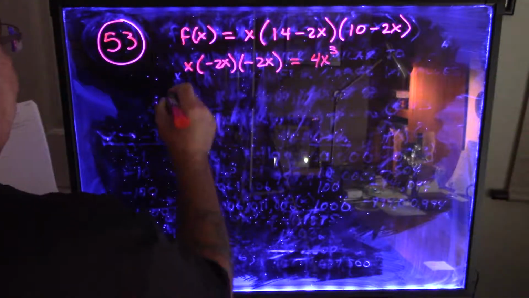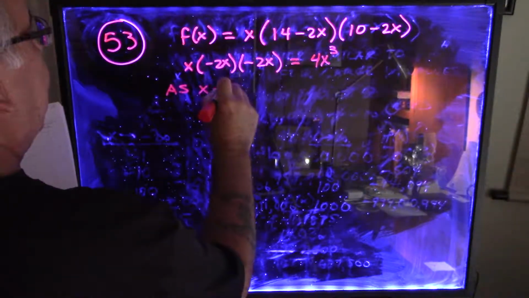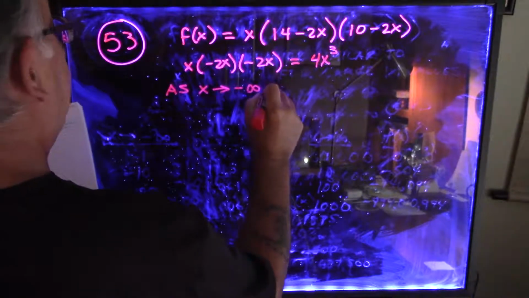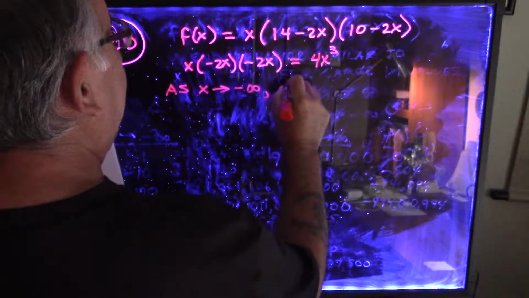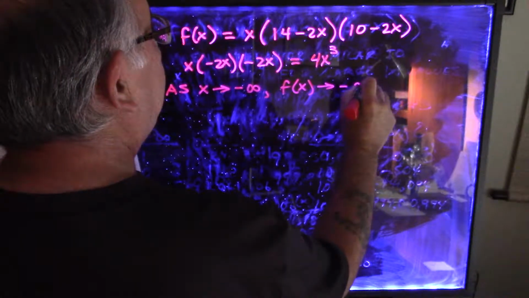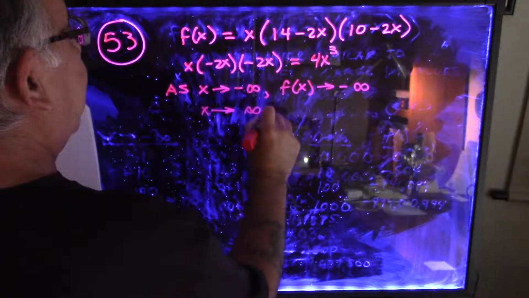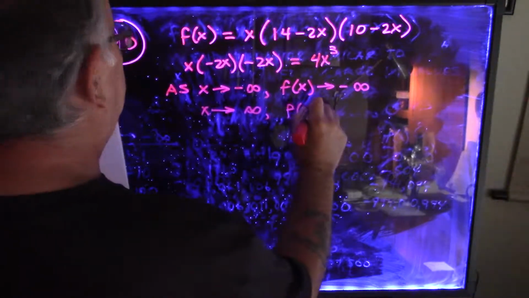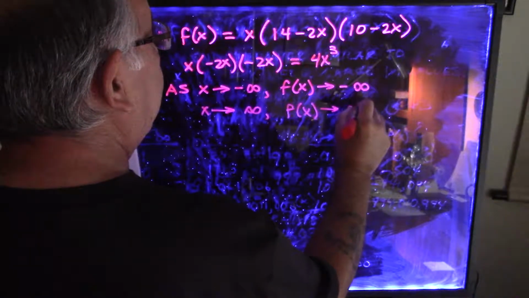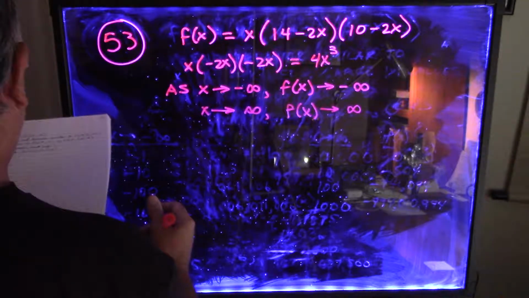All right. So as x goes to negative infinity, f of x goes to negative infinity. And as x goes to positive infinity, f of x goes to positive infinity. And the graph will bear this out.